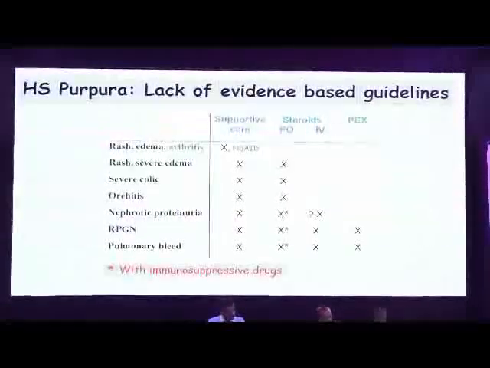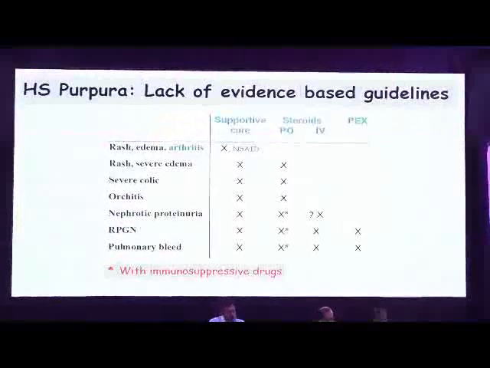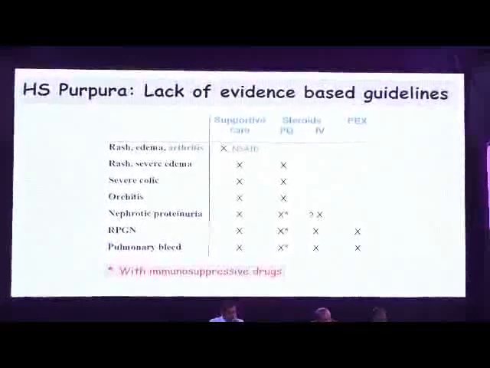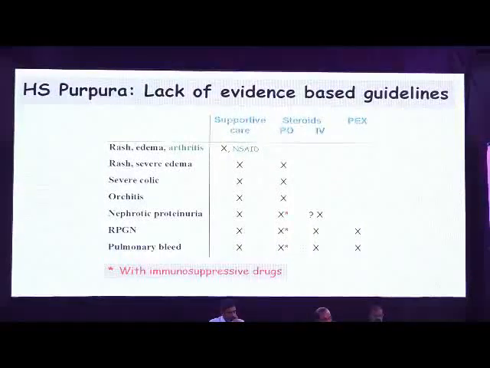Now the guidelines, there's not much evidence on how to treat these children, but it's important to note that a child with severe involvement, such as severe pain abdomen, should get steroids. So in our institute, we do see children with HSP with severe pain abdomen, and after ruling out other causes of pain abdomen, we do give them steroids and they improve.